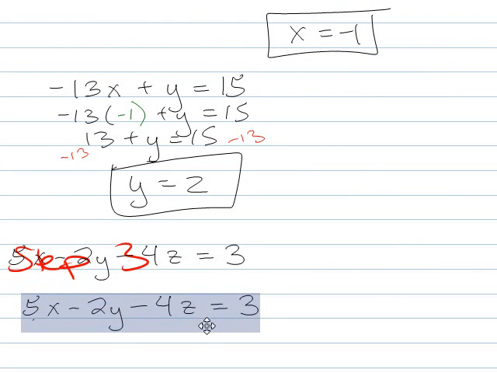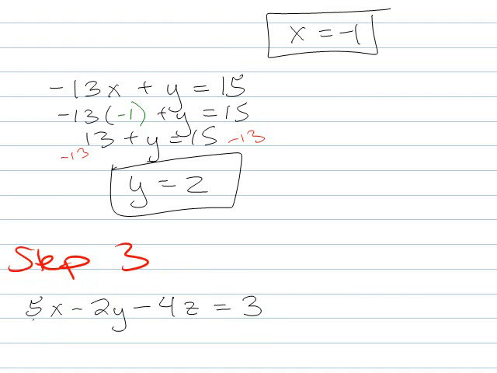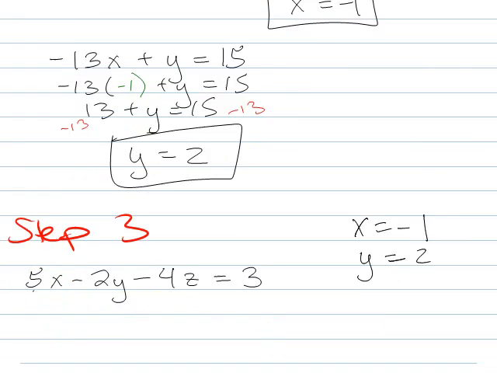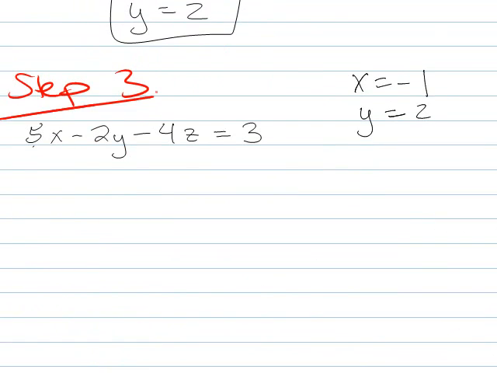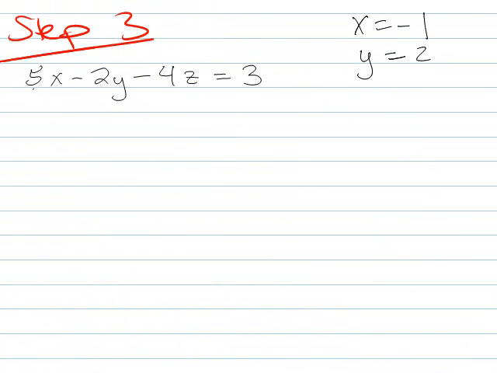Step 3 is given this, and if I know x equals -1, y equals 2, I can plug these in straight up. So I've got 5 times -1 minus 2 times 2 minus 4, times z, because I don't know that, and then that equals 3.